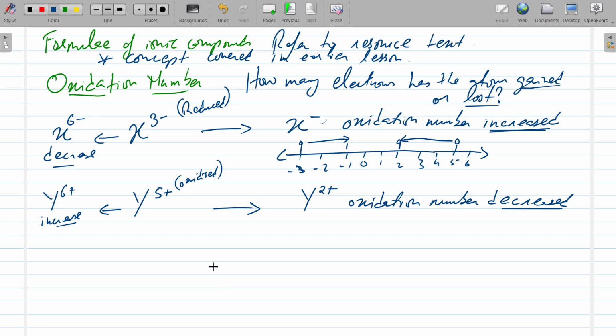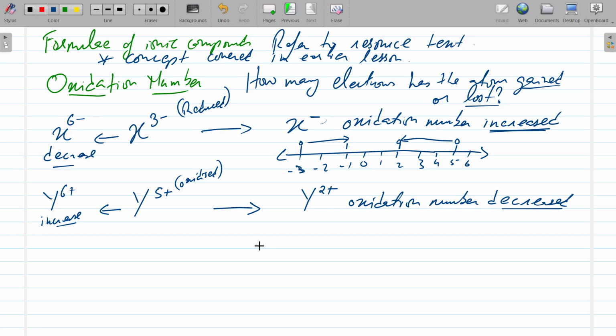So if a positive value becomes bigger, that's an increase. If it becomes smaller than whatever value it was, that's a decrease. And if it goes into the negative, obviously it's a decrease. If a negative value becomes less negative, that's actually an increase. Okay? So this is how oxidation numbers can change during reactions.